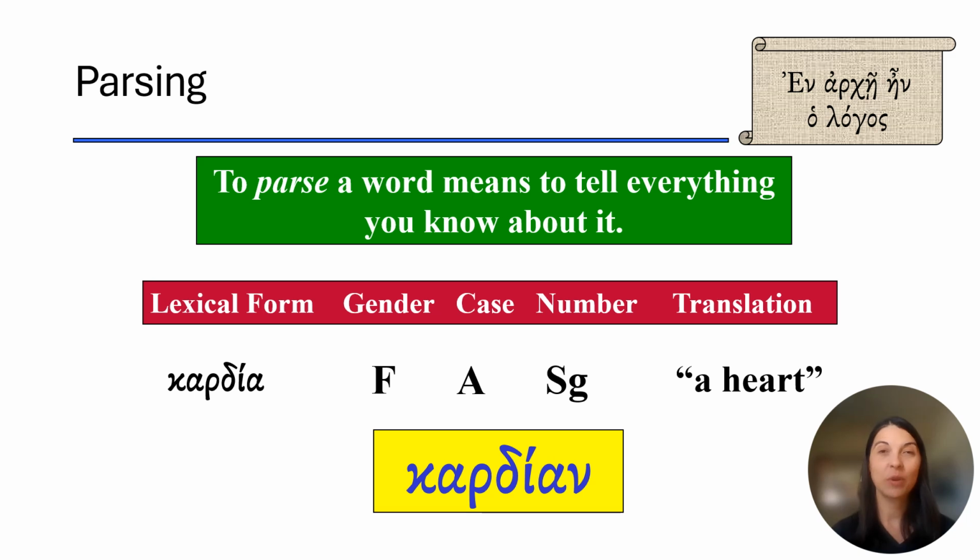The case is going to be the nominative, accusative, dative, or genitive. And then the number is going to be singular or plural. And then your translation will look something like this. For our word cardian, this is from the word cardia, and this is a feminine, accusative, singular, translated a heart.